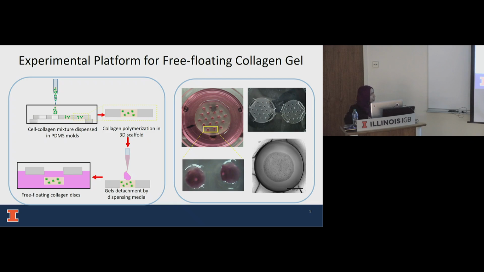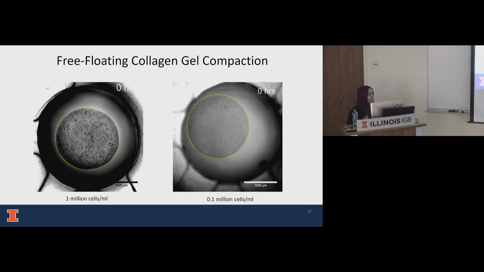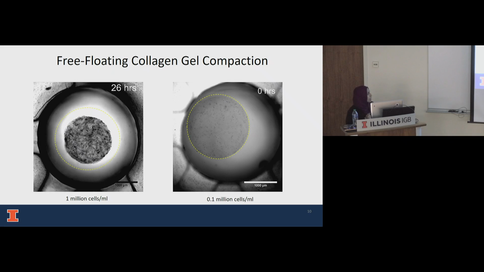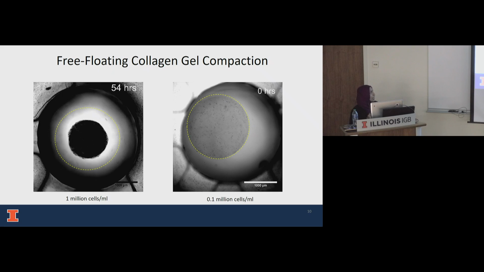So we make these disks for different initial cell densities and measure their rate of compaction over time. For example, here I have a sample with 1 million cells per ml as the initial cell density. And as you can see, with time, the disk shrinks, and we can record the diameter over time to calculate the rate of compaction.